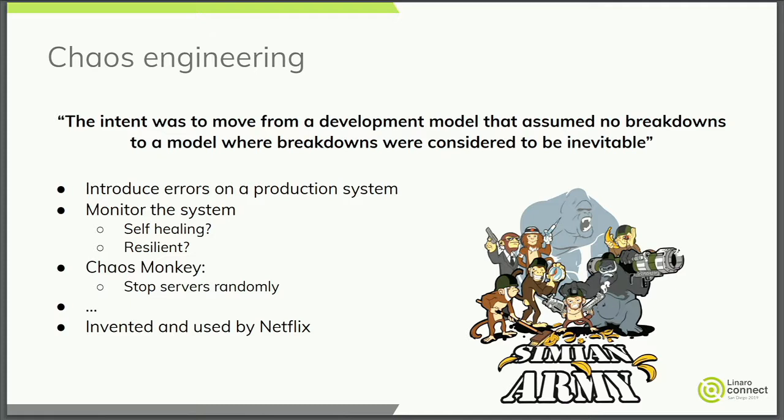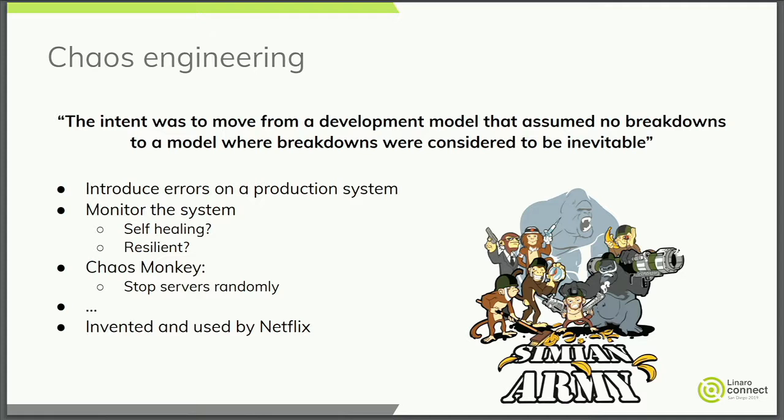I'm not kidding. Netflix is actually doing that right now, shutting down servers intentionally, randomly in the data center. And they made that on purpose because the developers know that this is happening, so they have to develop an architecture that is resilient against these kinds of issues.